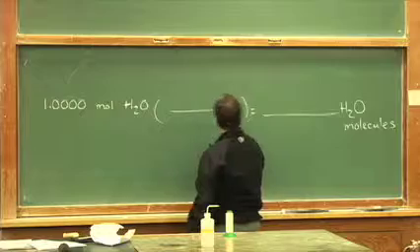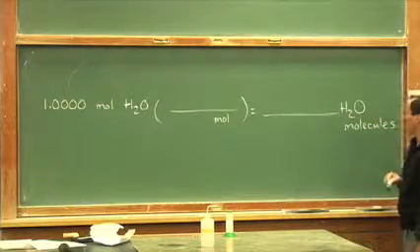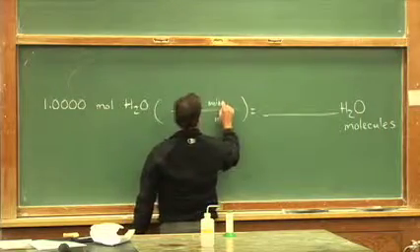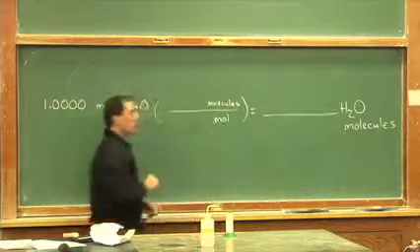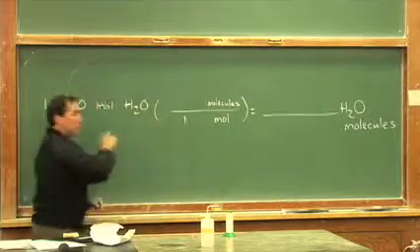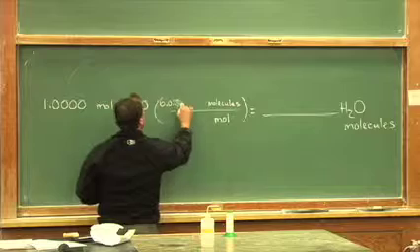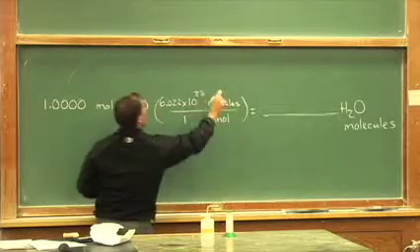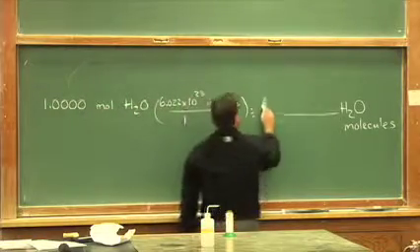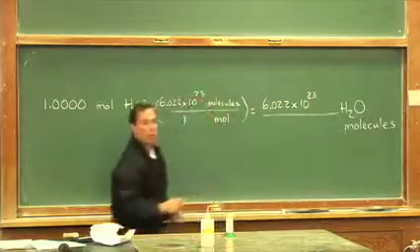I'm going to write moles on the bottom, and I'm not going to put water in here. We know we're speaking of water, so the moles will cancel. And we need molecules to appear. Let me put in molecules. 1 mole, according to the conversion factor, so 1 and the mole do not get separated, is equal to 6.022 times 10 to the 23rd, and in this case, molecules. So we have ourselves 6.022 times 10 to the 23rd water molecules.